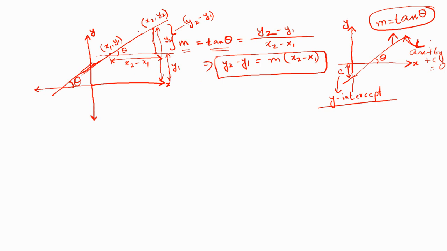So if we have 2 points, x1 y1 and x2 y2, then we see that this is a straight line equation, y2 minus y1 equals m times x2 minus x1. So this is called, just one second, I think it's 2 point coordinate.